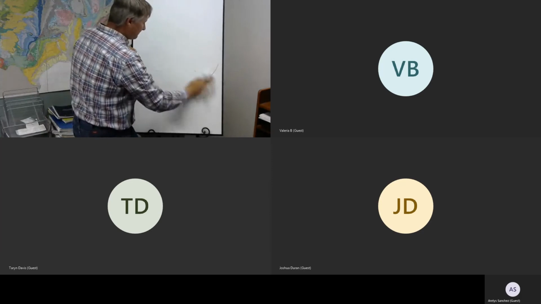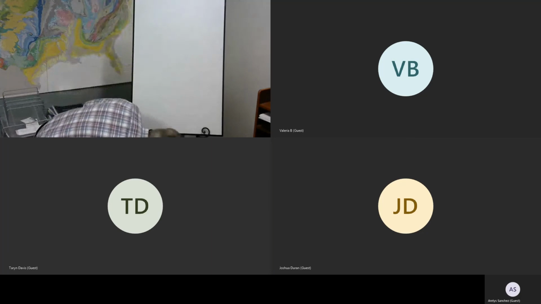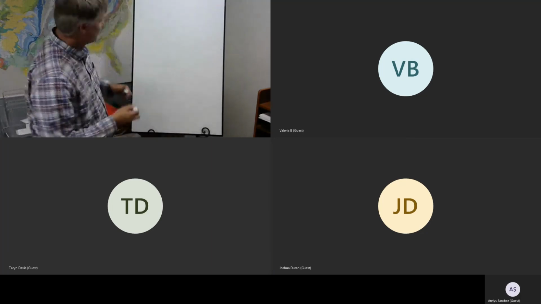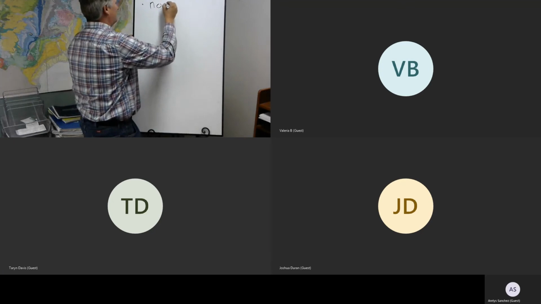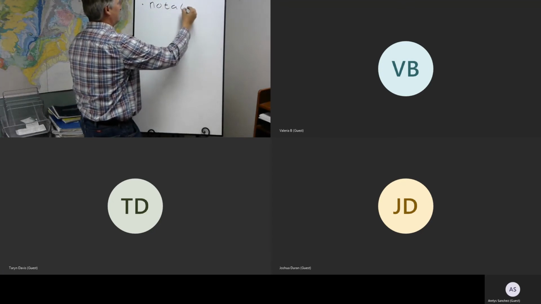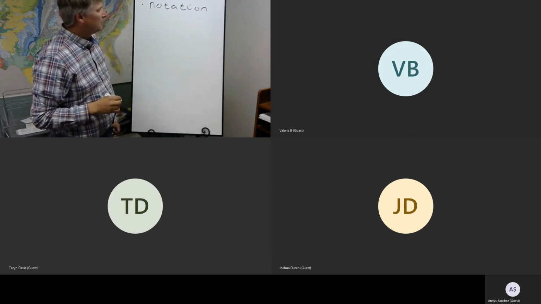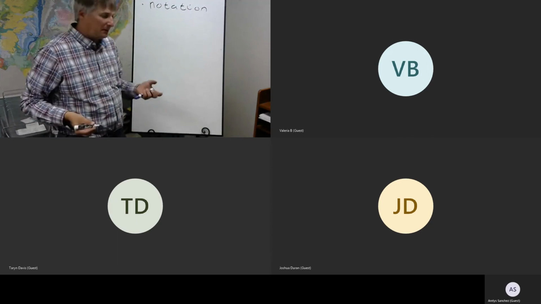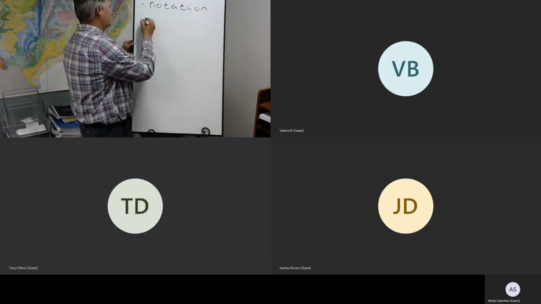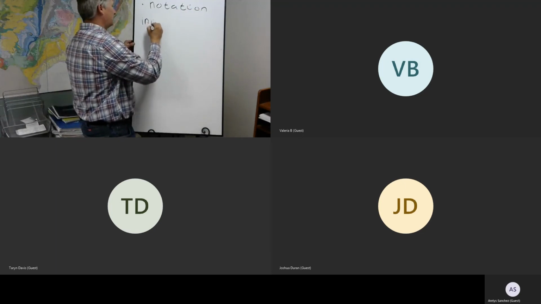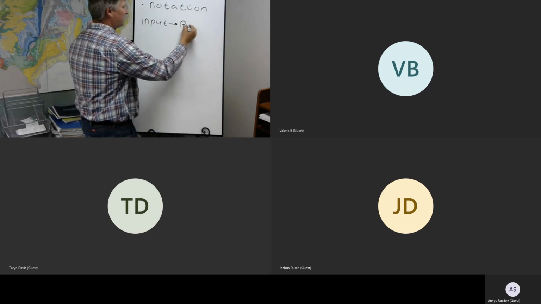Now, we need to talk about function notation. So far, I've been presenting inputs and outputs roughly like this. There's an input. There's some kind of a relation.